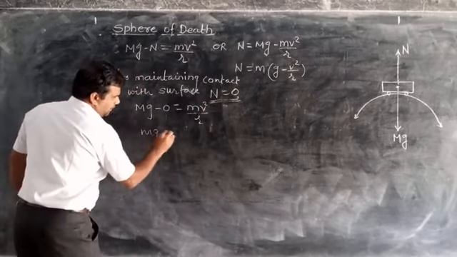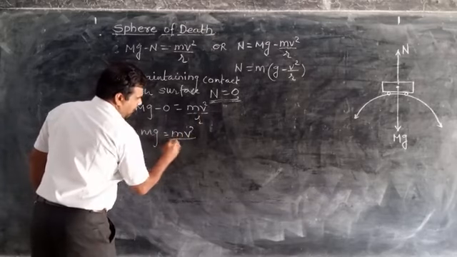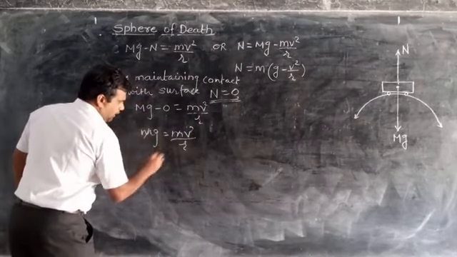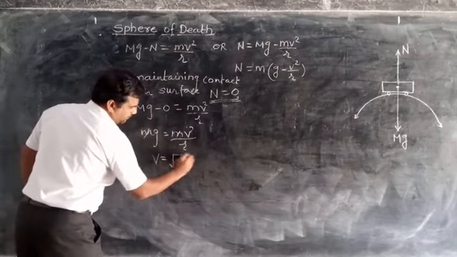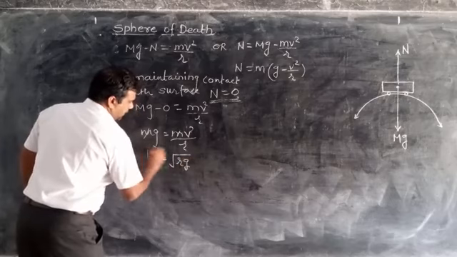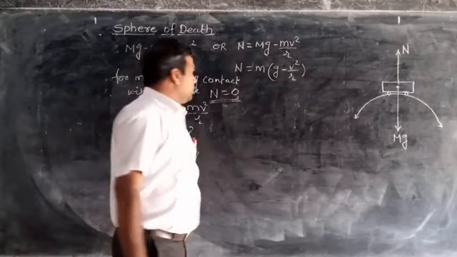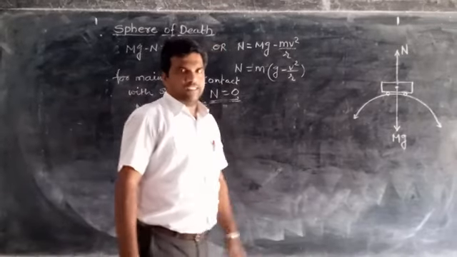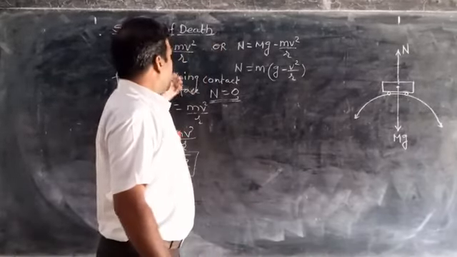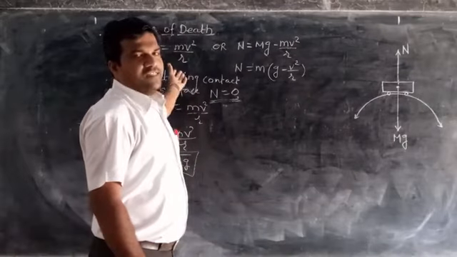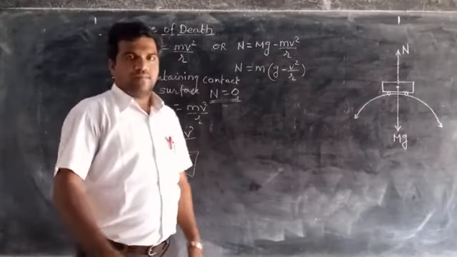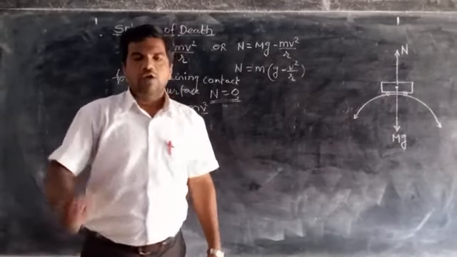Therefore mg equals mv square by r, and therefore v is equal to under root rg. This is the minimum velocity of the vehicle at the topmost position of the convex bridge, and this is nothing but the sphere of death, like the well of death. This is the required expression for velocity.